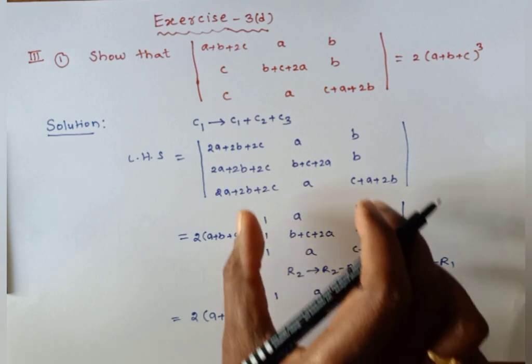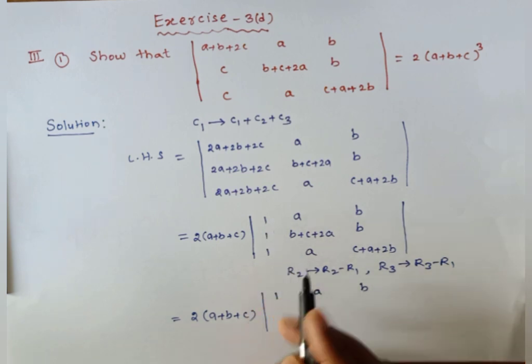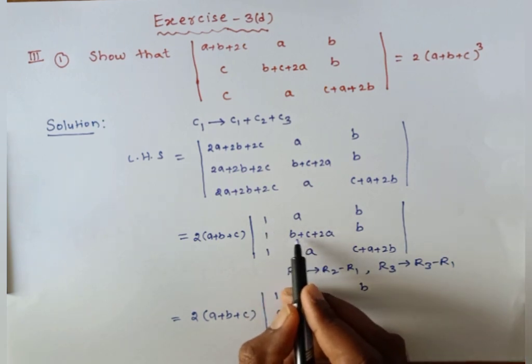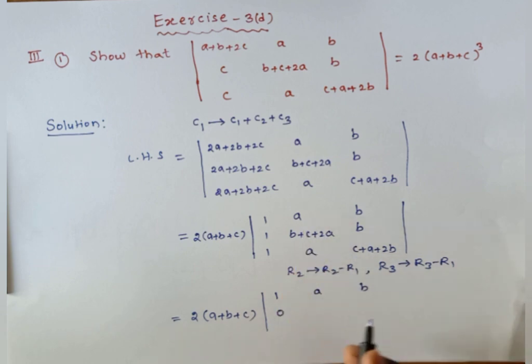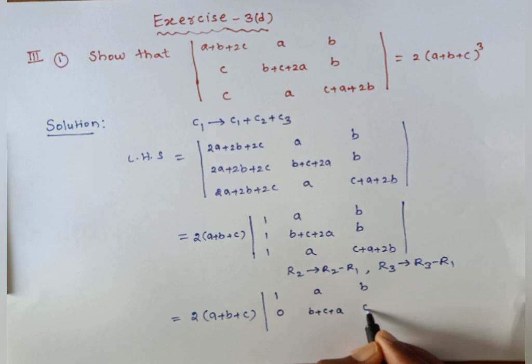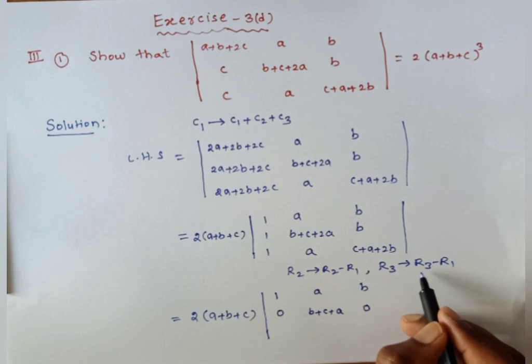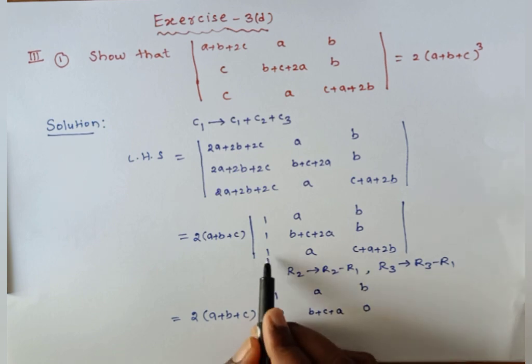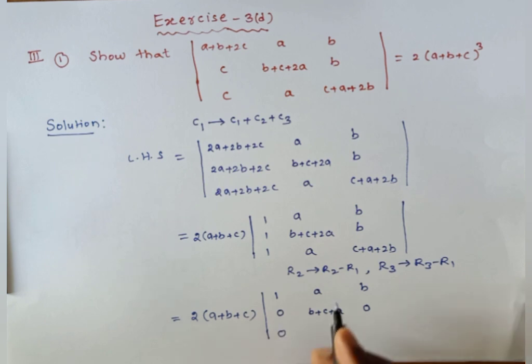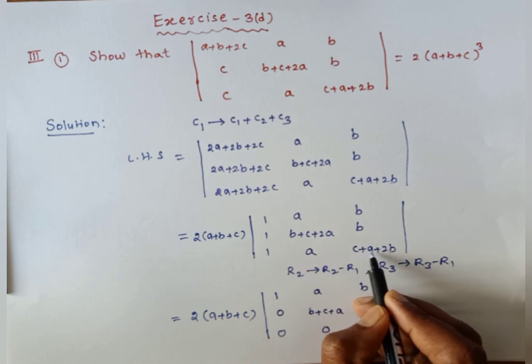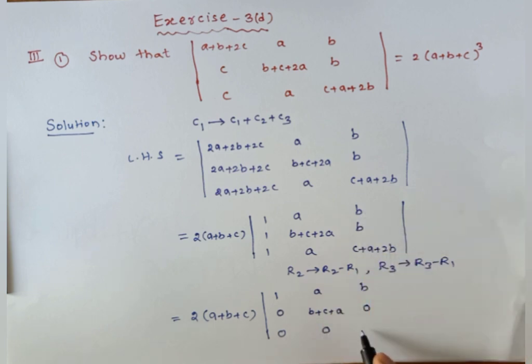So it is 1 minus 1, that is 0. Here b plus c plus 2a minus a is b plus c plus a, and b minus b is 0. Next, there is a change in row 3 also, as we are applying R3 minus R1. So 1 minus 1 is 0, a minus a is 0. Next, c plus a plus 2b minus b is c plus a plus b.